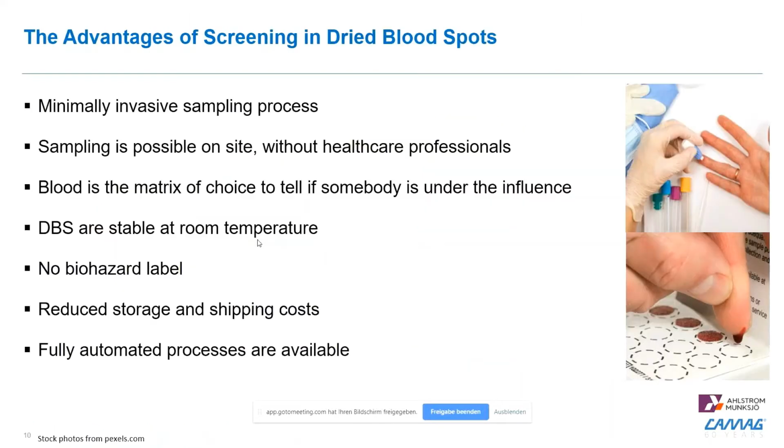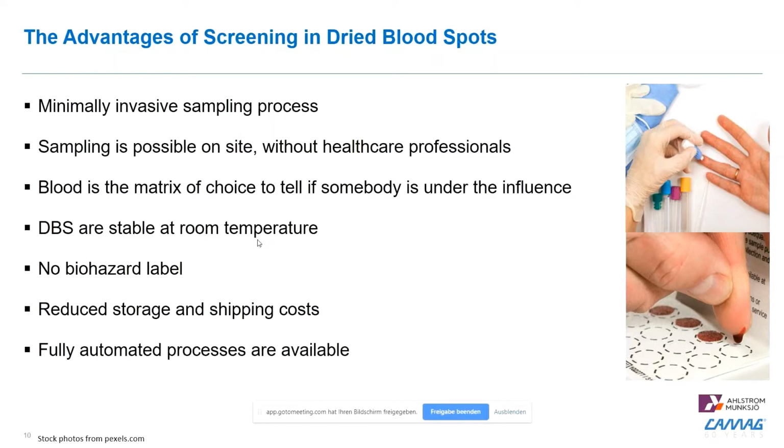The advantages of screening in dried blood spots are various compared to other procedures. In whole blood, we have a minimally invasive sampling process. The sampling can be performed on site without the need of a healthcare professional. Furthermore, blood is the matrix of choice to tell if somebody is under the influence at the moment.